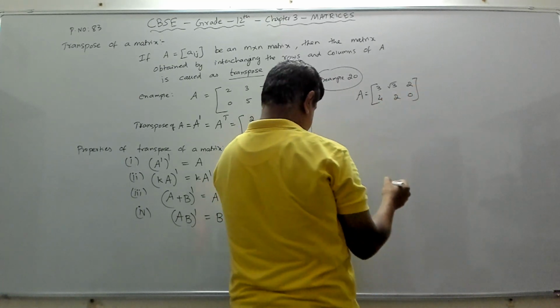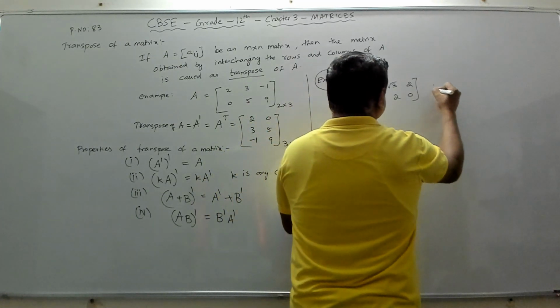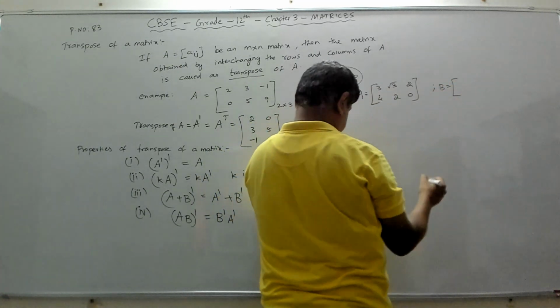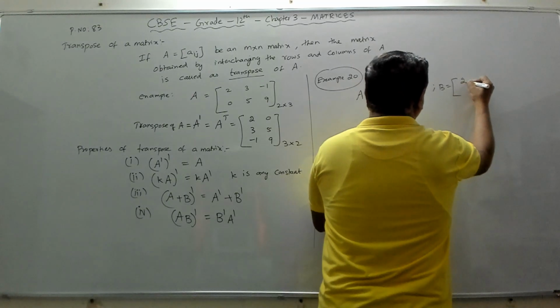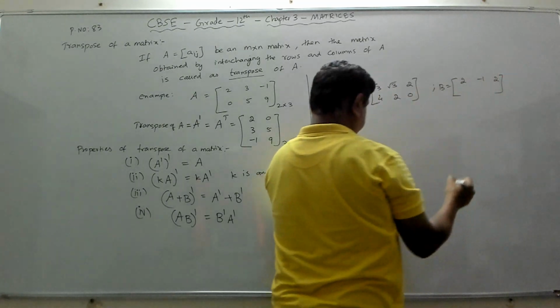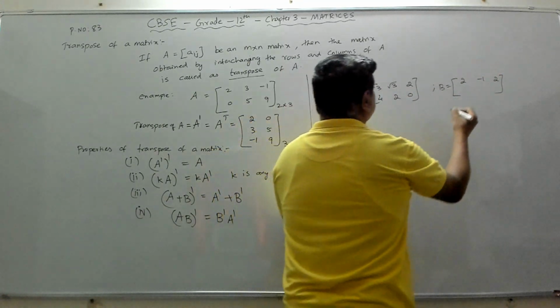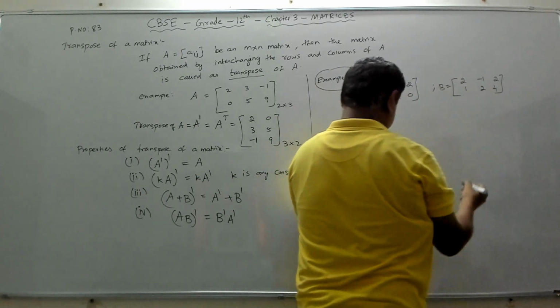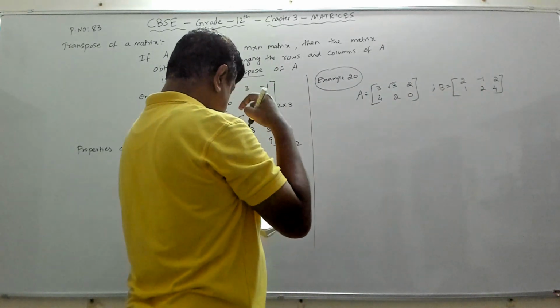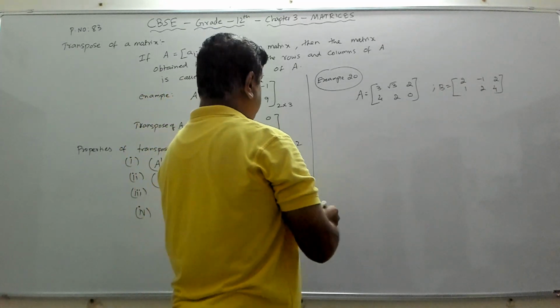This is your A matrix, and the B matrix is given by 2, minus 1, 2 and 1, 2, 4. This is your B matrix. Now we need to verify the following.